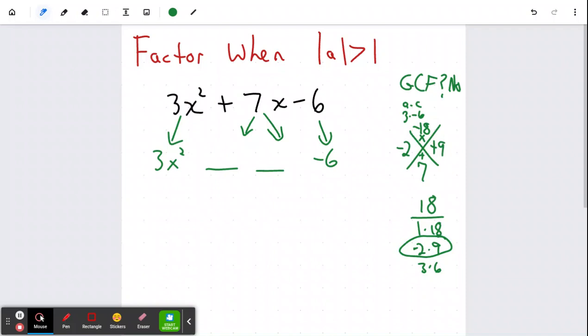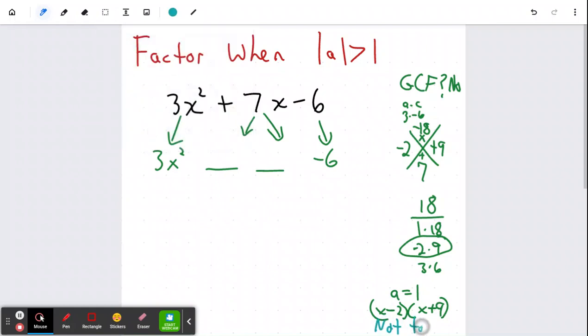When we did the old version of the x method, when a equals 1, we would just simply do x minus 2 and x plus 9, okay? But that's not the method that we're going to use today.